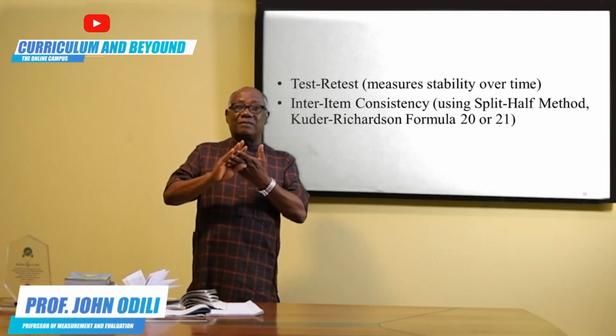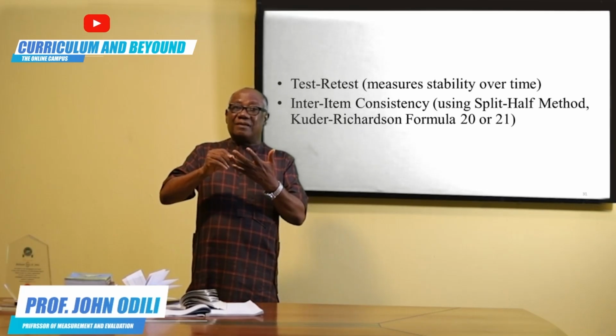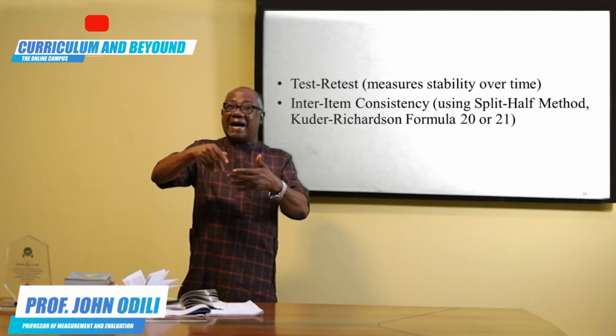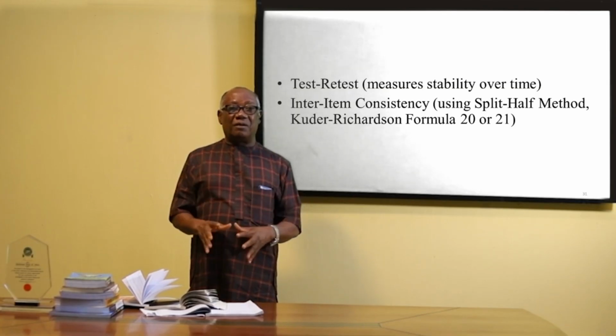This method is trying to establish that all the items in your questionnaire are related to one another, that they are not far away. If they are far away, then they cannot guarantee the capacity to measure the same thing.